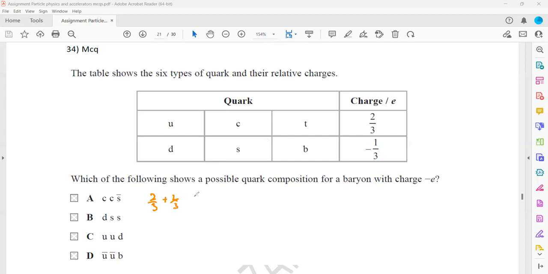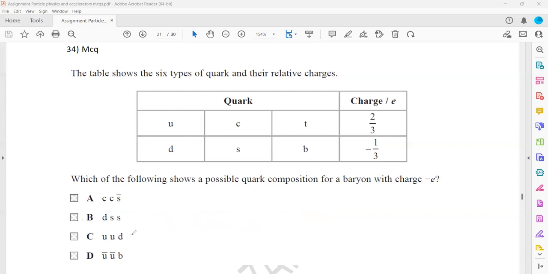Strange is minus 1/3, so anti-strange is plus 1/3, and the sum will be 5/3, which is not a whole number. When we check this one, down is minus 1/3, strange is minus 1/3 and another strange is also minus 1/3. When you simplify, minus 1, minus 1, minus 1, that is minus 3/3, which equals minus 1. So B will be the right answer.